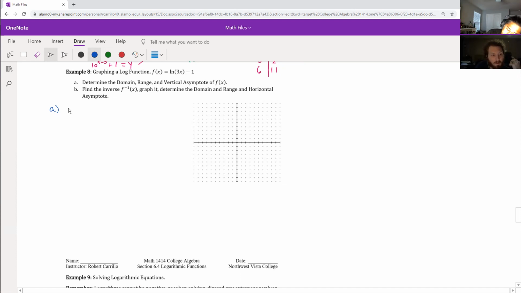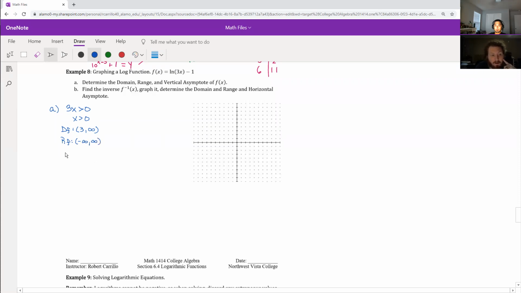So we know that the domain has to exist where 3x is greater than 0. So that gives us that x is just greater than 0. So we get domain of f is 0 to infinity. And then I want to look for the range of f, which all of them have the same one. It's negative infinity to infinity, all real numbers, right?